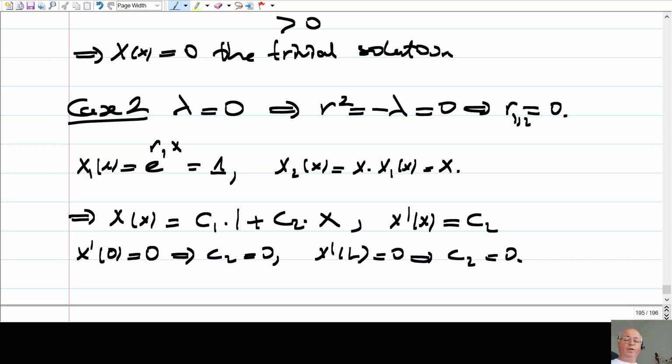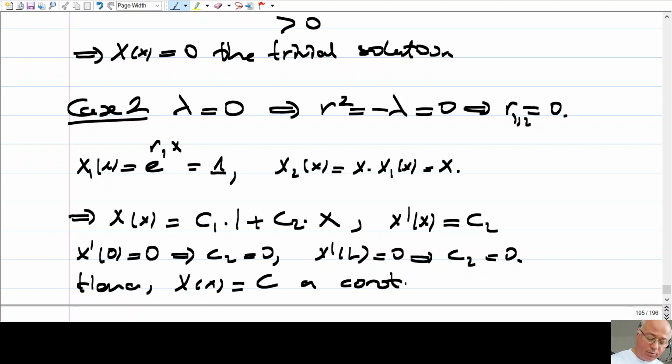I check both of them to make sure that there is no contradiction. If I obtain a contradiction, it means that there is no solution for lambda equals 0. But in this case, there is a solution. What is that solution? C2 has to be 0. Therefore, X of x should be just a constant. Hence, we obtain a solution. X of x should be a constant function. Okay, so in this case, we obtained a solution.